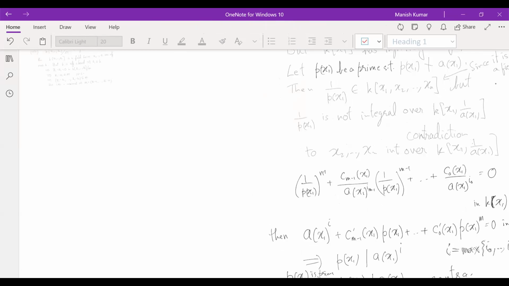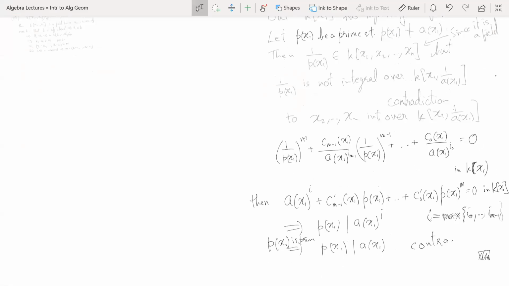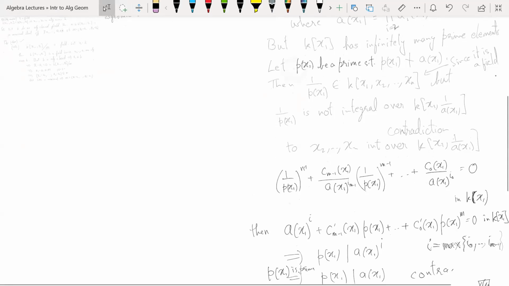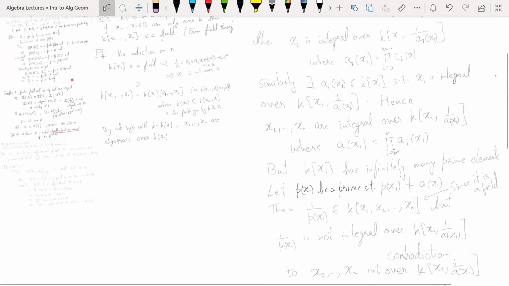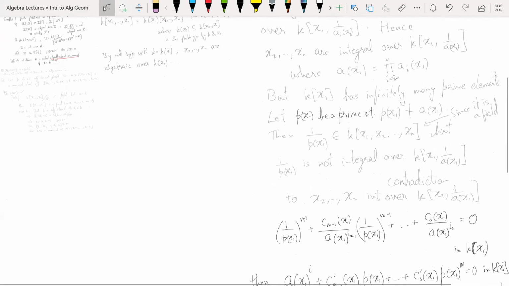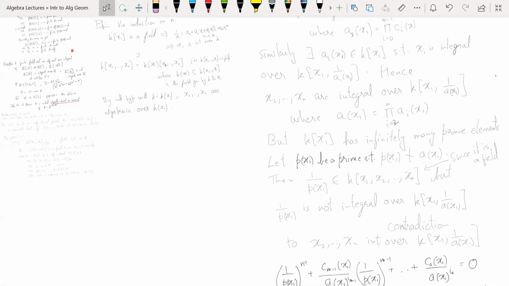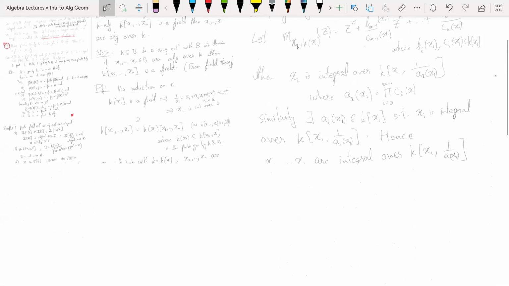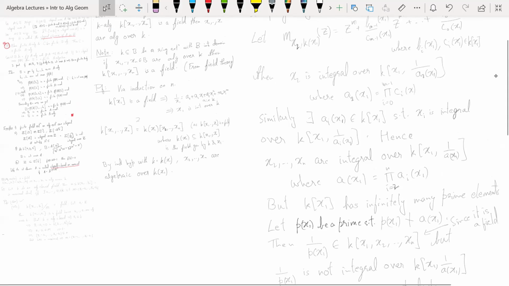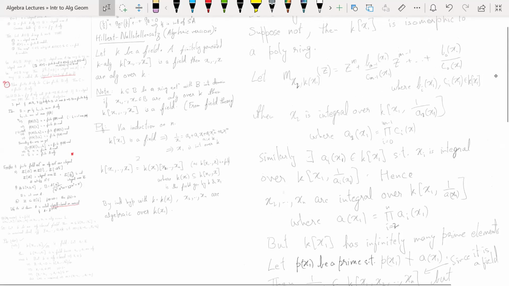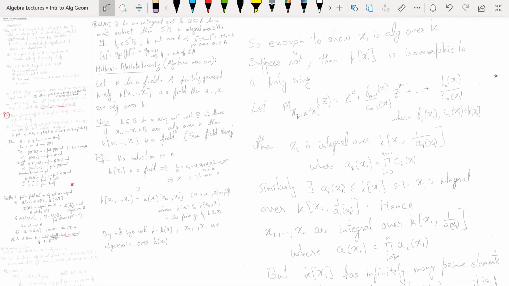Okay, right in time. Are there any questions? As I said, the intuitive idea is that there are too many primes in k[x], and you can't invert all of them by just adjoining finitely many variables.